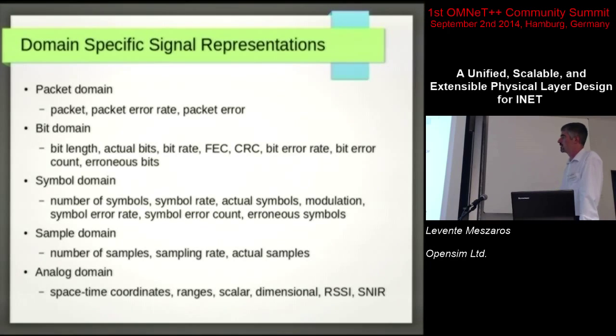Yeah, this list also includes the indications, the physical indications that go upward, like the bit error rate and symbol error rate, or receive strength indication, signal strength indication, or signal to noise and interference ratio.